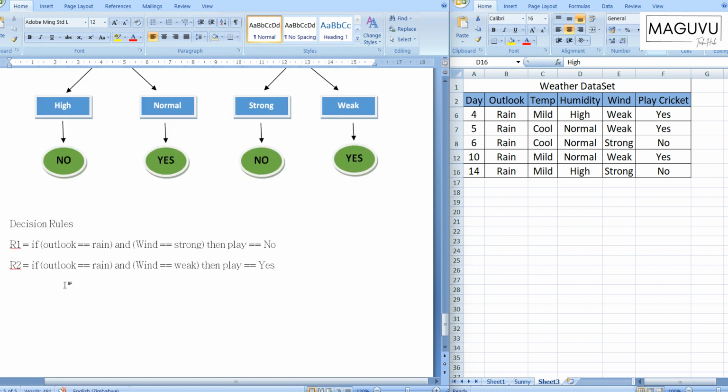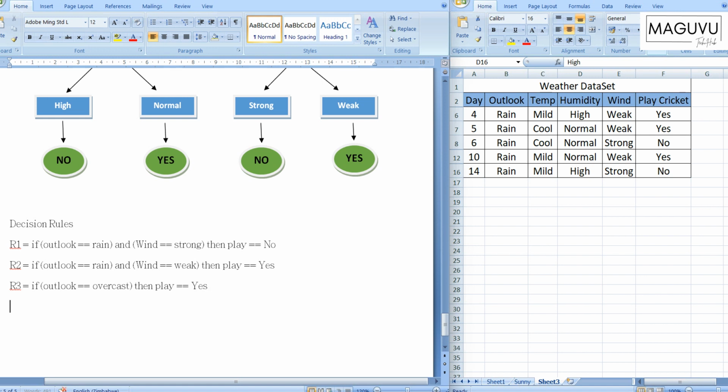So we can do another rule there: if outlook is equal to overcast, then play is equal to yes.